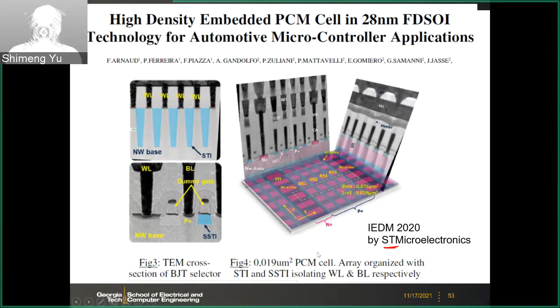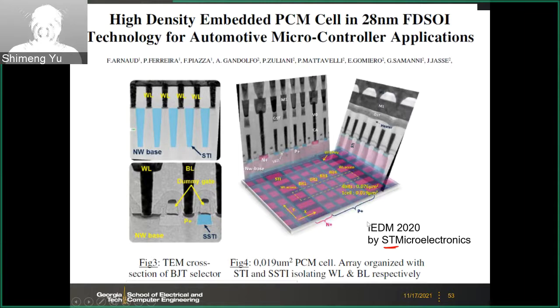So anyway, here in IEDM 2020, ST reported a 28 nanometer FDSOI based phase-change memory. So it's a 28 nanometer process, you have the FDSOI as a transistor, and it's 1T1R. Here are some images of the array. I will skip the details, but basically it's 1T1R.